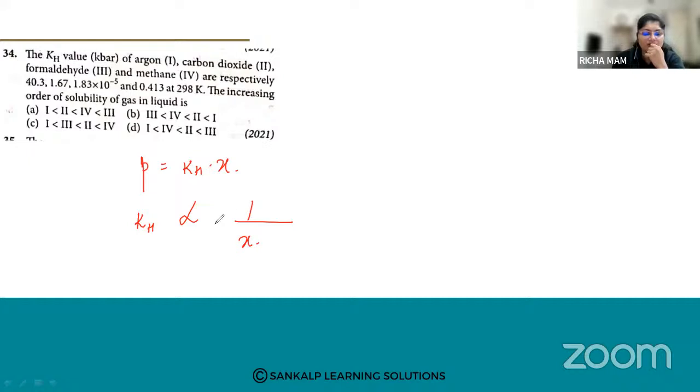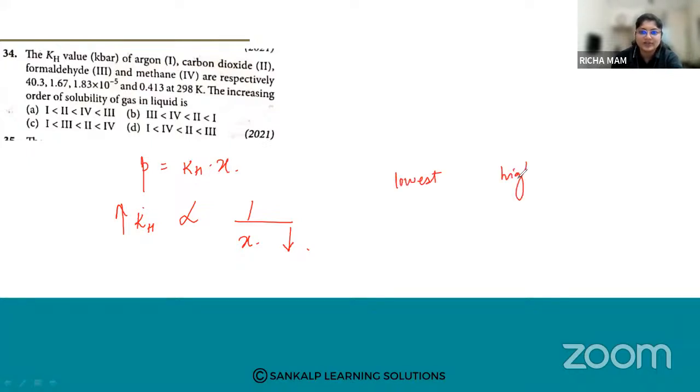So we know that KH is inversely proportional to solubility, right? So more the KH value, lesser is the solubility. So what will be the order of solubility of a gas then? KH values are given. They have asked the increasing order of solubility. Increasing order means what? From lowest to highest.